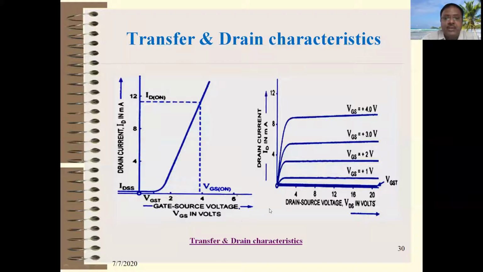Okay. So this is actually a drain characteristics. This drain characteristics is a plot between current ID versus VDS when VGS remains constant. Okay. So VGS is a constant.